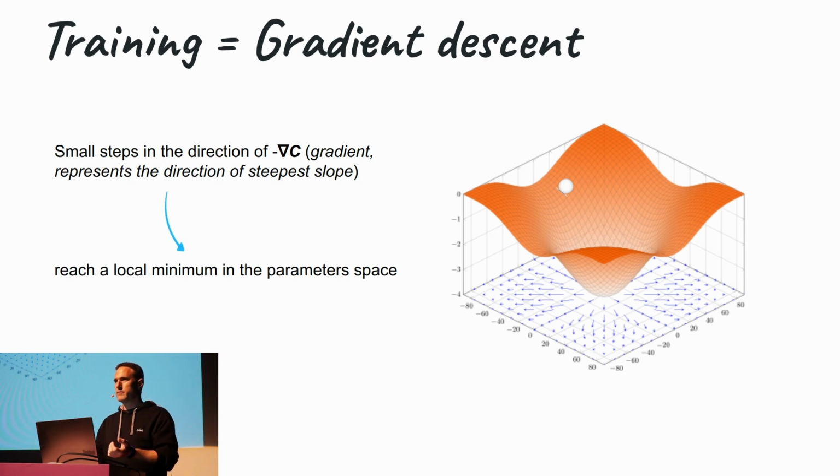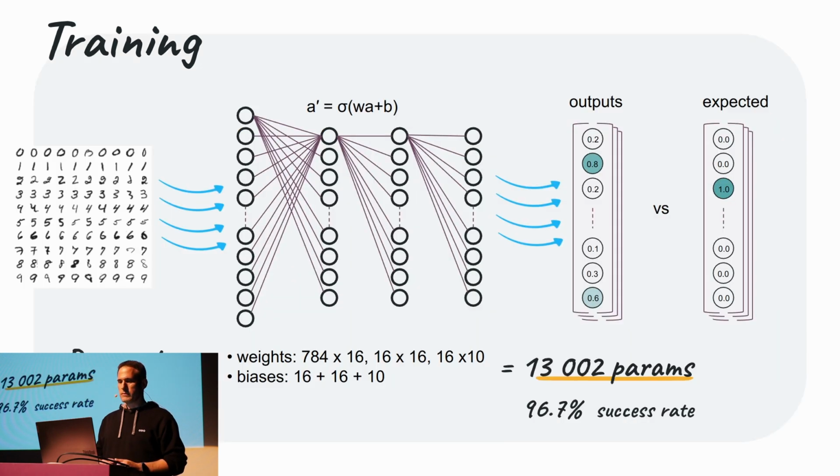reach the bottom of the pit, which is a minimum of the error, which means that our network is very close to an optimal solution, at least a local optimal solution, to produce a good output. And so with our example network here, we would be able to achieve a 96.7% success rate after a certain time of training.